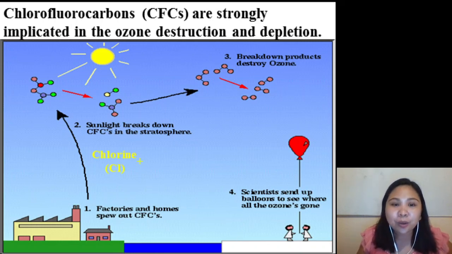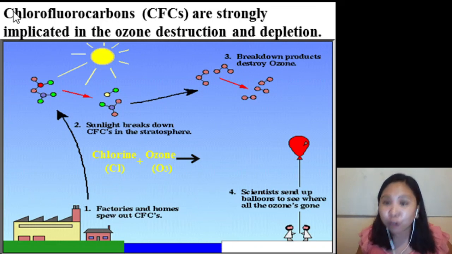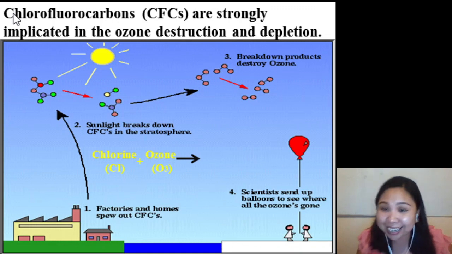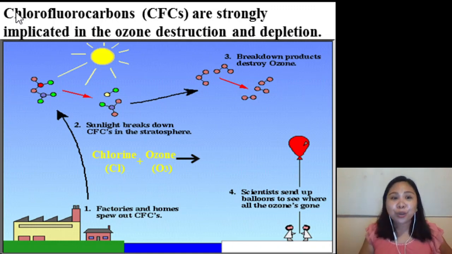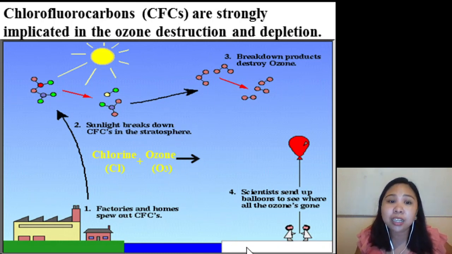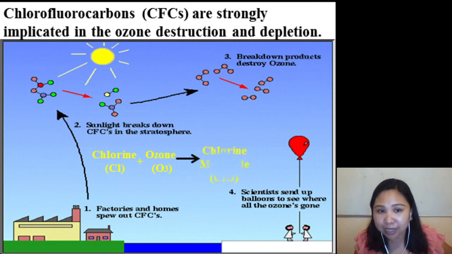Ayan. So, etong chlorine, kapag siya ay nag-combine. Ayan, eto na. So, etong chlorine galing sa CFC, 'di ba? Remember, chloro, ibig sabihin may chlorine, fluoro, okay, may fluorine, and merong carbon. So, yung chlorine class, whenever it combines with the good ozone, nadidestroy po yung ating ozone layer.